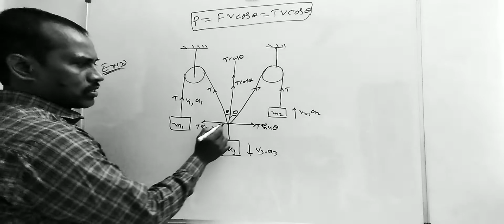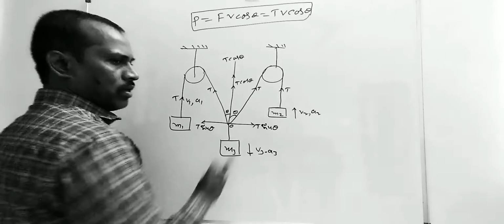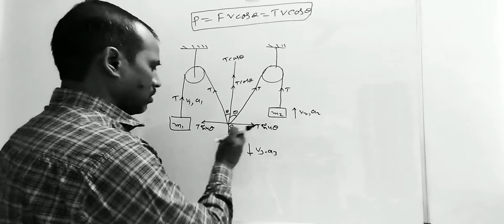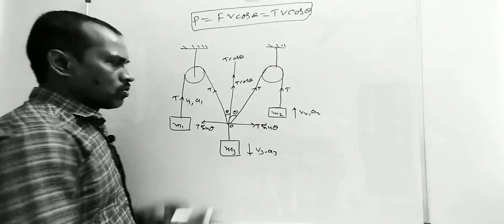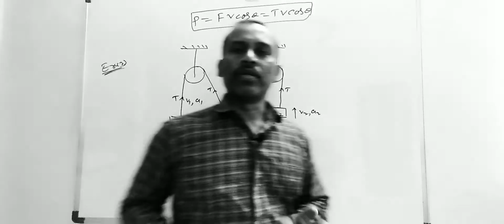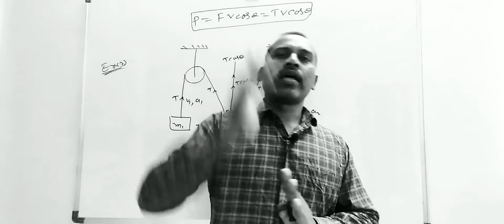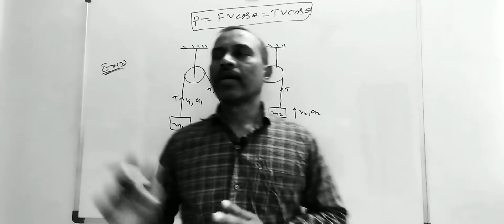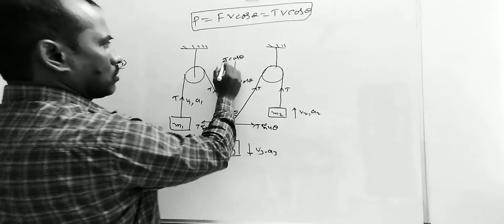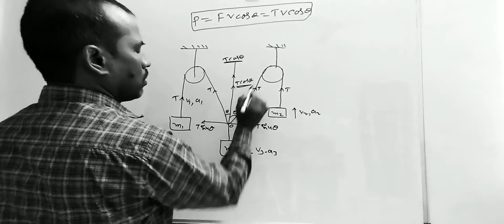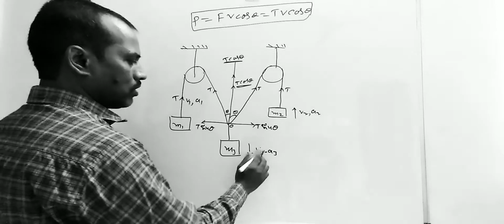In this case at point O, two forces act horizontally in opposite directions, T sin theta, and these are equal and opposite, so they cancel. Now in the vertical direction, two forces act, each T cos theta. The downward velocity is that of the block m3, v3.